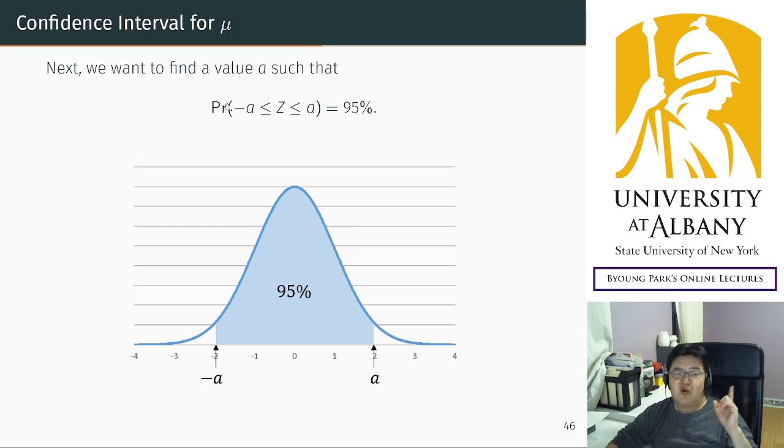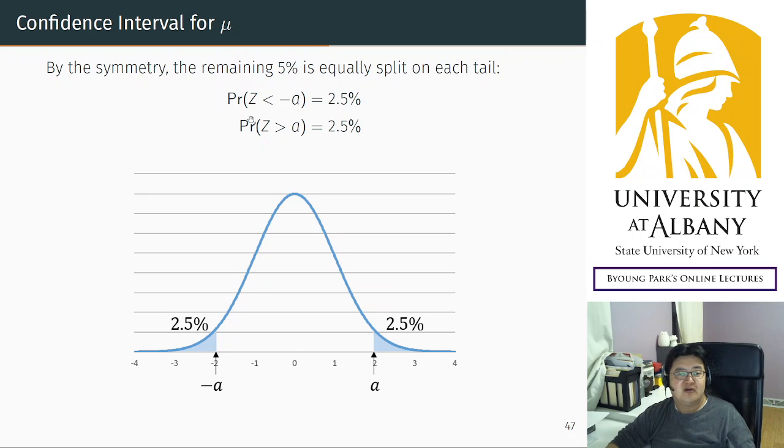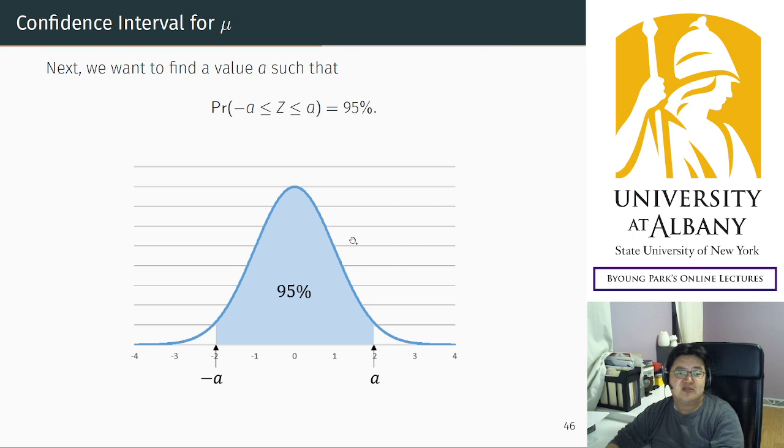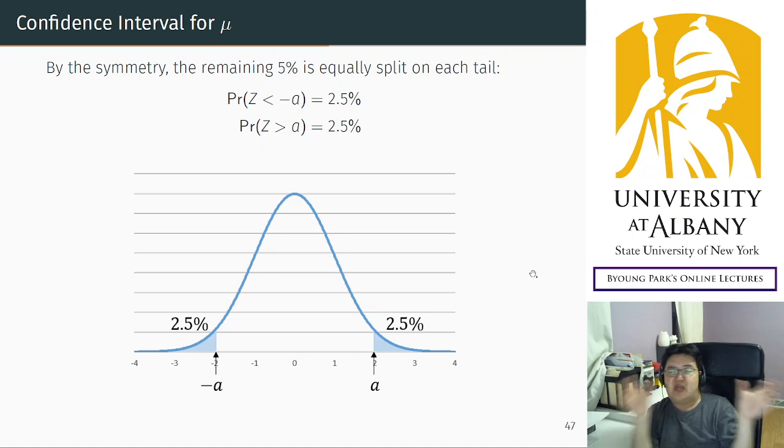Actually, in an exercise, we considered this value. The task is to find that value A. To find that value A, you have to think of it this way. So 95% is in the middle. That means the outside has 5%. 5% is on the outside, but there are two tails, so each tail has 2.5%, respectively.